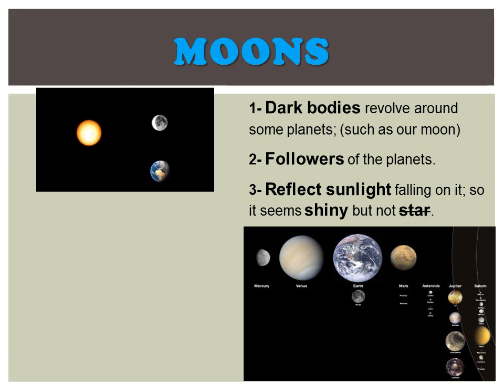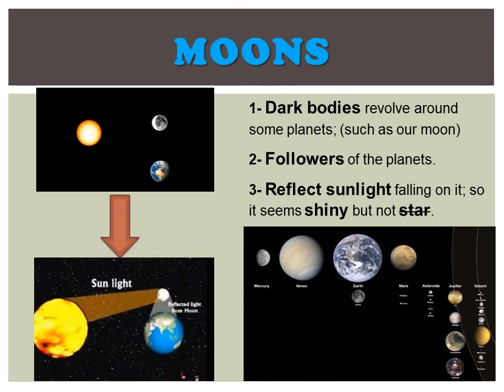Let's see what we have in the picture. On the left, we have the sun, moon, and earth. Look. Here, the sunlight will fall on the moon. Falling means when you hold the pen in your hand and lift it in the air, it will go down, it will fall down.